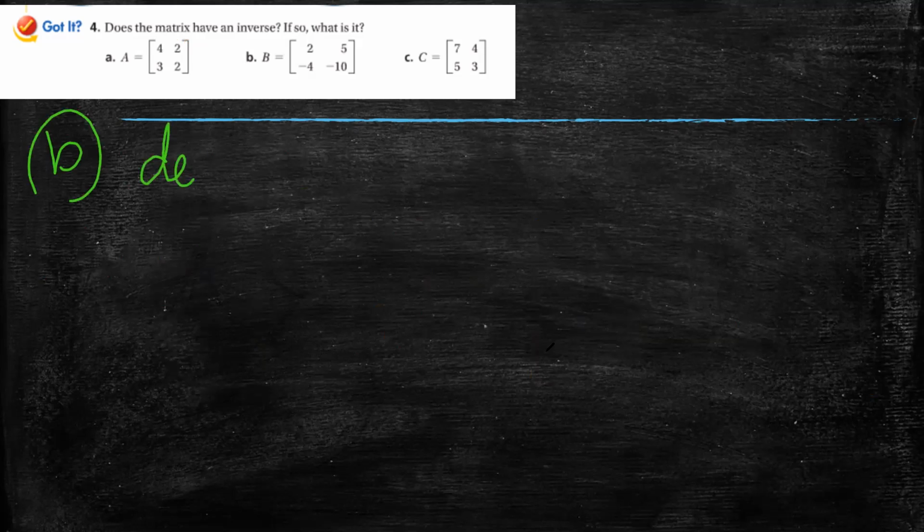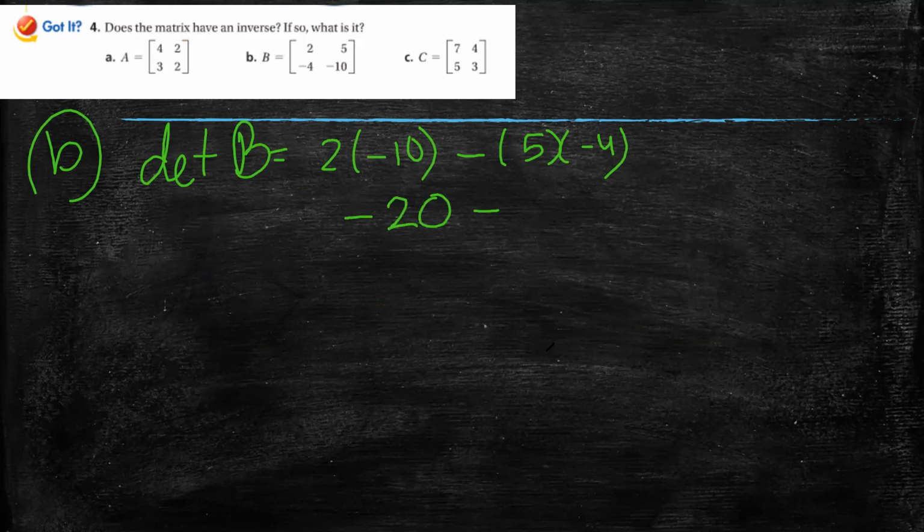First, you have the determinant of the matrix B: 2 times negative 10 minus 5 times negative 4. 2 times negative 10 is negative 20, minus 5 times negative 4, which is negative 20 subtracted, so the determinant here is 0.